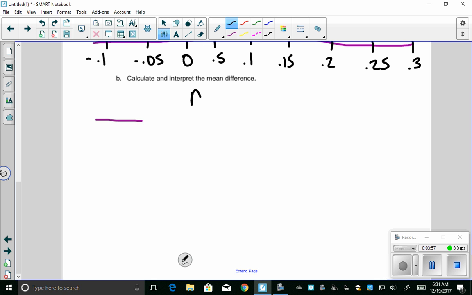So you're going to add the third column of numbers, and I got 1.05.